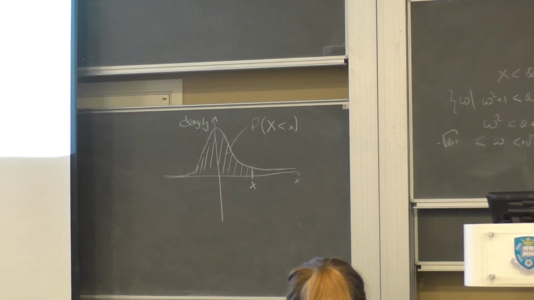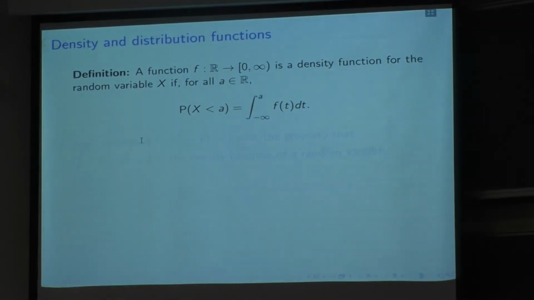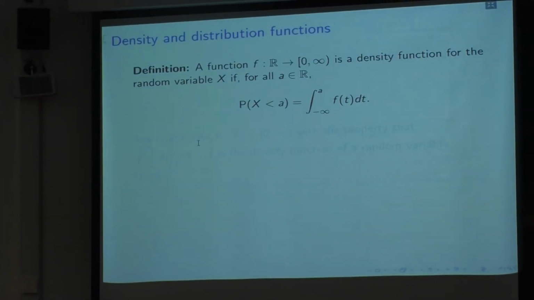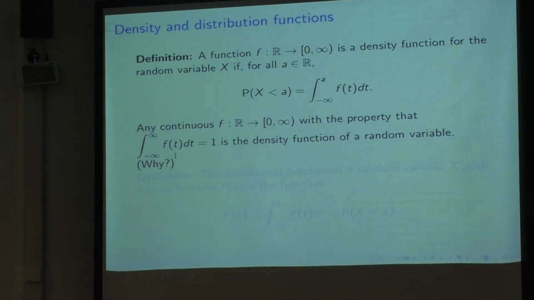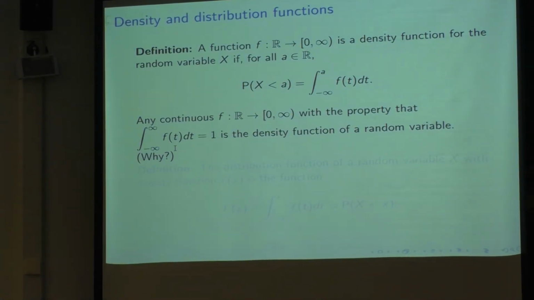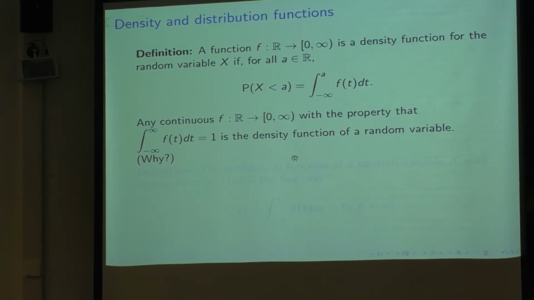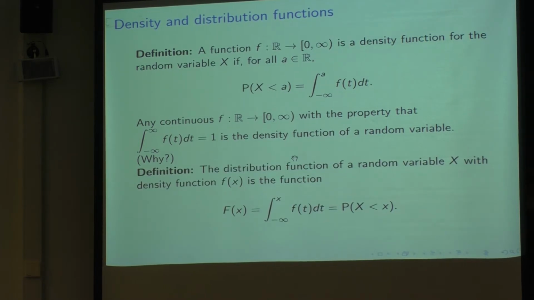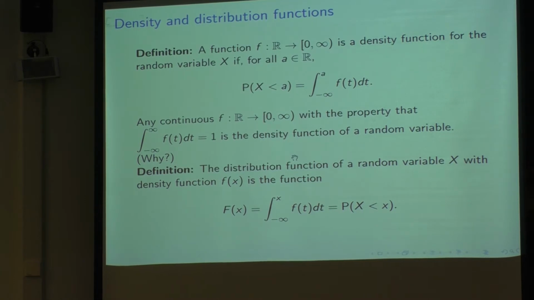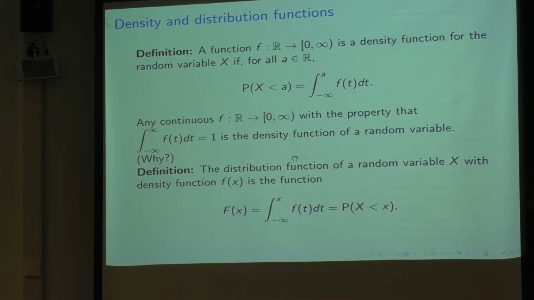And you can ask yourself which functions can play the role of density functions. The answer is any function whose integral from minus infinity to infinity is 1. You can now also define the distribution function of a random variable which has density function f, and that's the probability that your random variable is less than x.